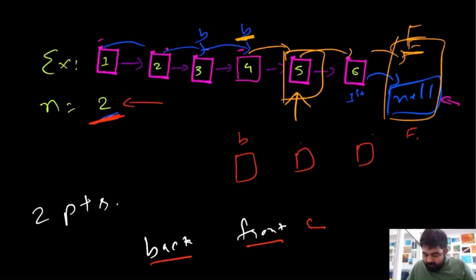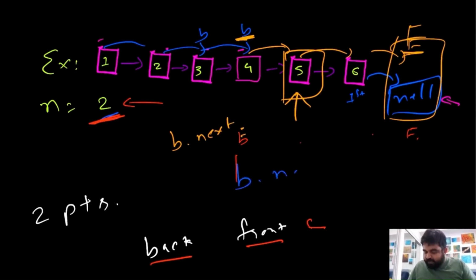Now what we need to do is, currently back dot next is the node that we need to remove. So we are going to point the current back dot next, which is this 5 value, to whatever back dot next dot next is, and this would be the solution. Because what would back next dot next be? It would be this one.